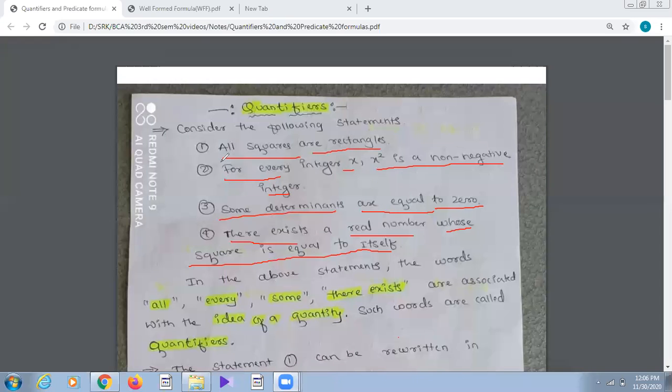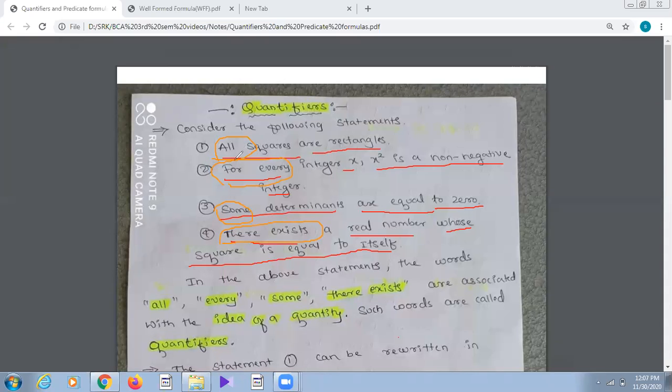See, some words are there: all, for every, some, and there exists. These words are telling about quantities. All means all the squares, so this phrase says that all the squares are rectangles.